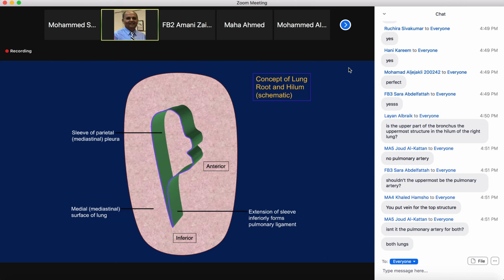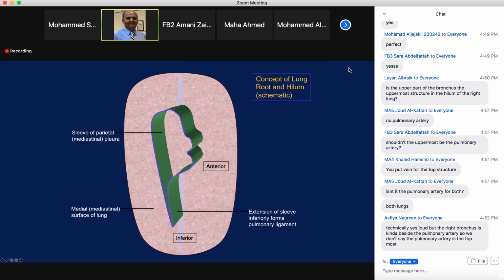We call it the pulmonary ligament, and it is also a dead space. Physiology people must have talked about dead space. Look at it. Something blue has been spreading on the surface of the lung. This blue thing is the parietal pleura reflecting on the lung surface as visceral pleura. And inside, this part of the lung doesn't have any pleural covering, so we call it a bare area.